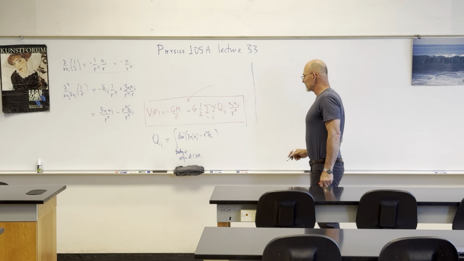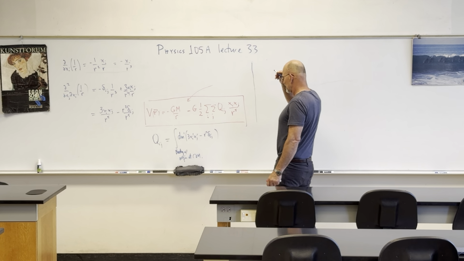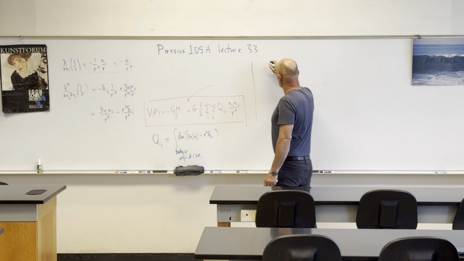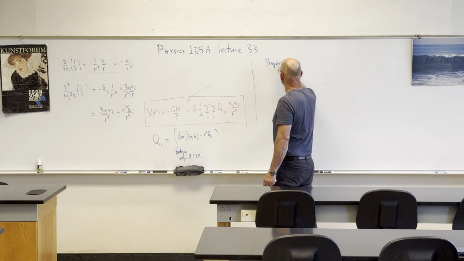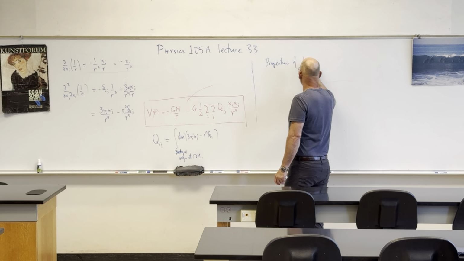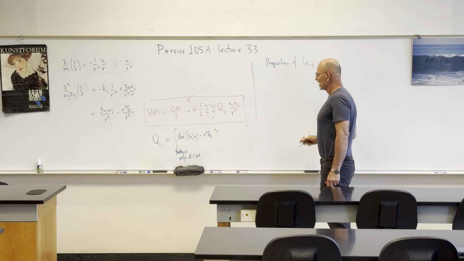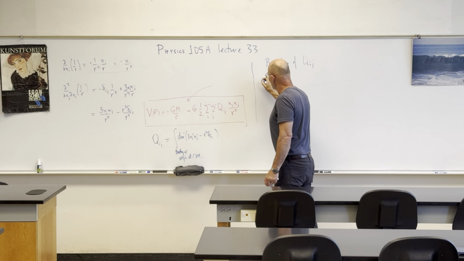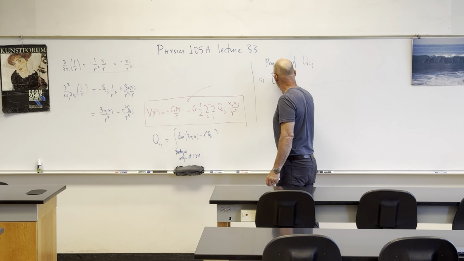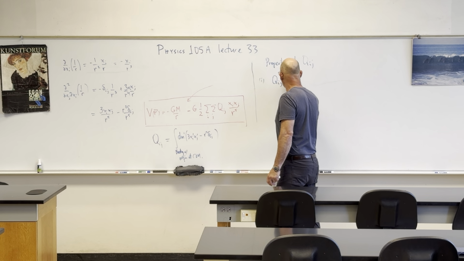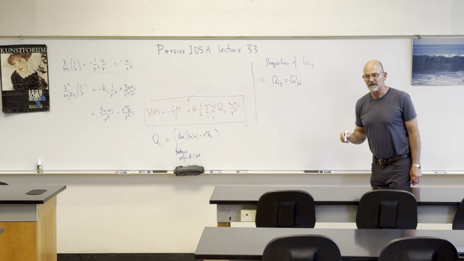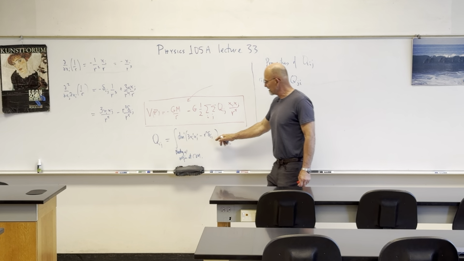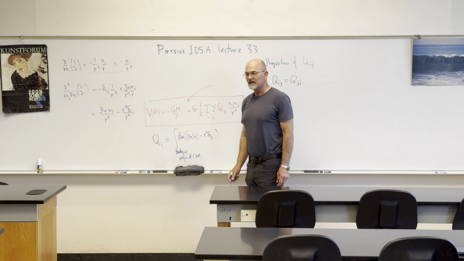So the first point that's very interesting, properties of Qij, the quadrupole tensor. The first property is that it's symmetric. If I substitute i for j, I still get the same result.